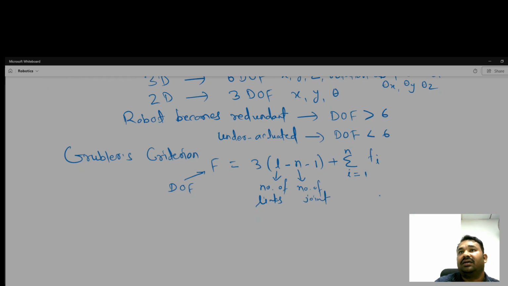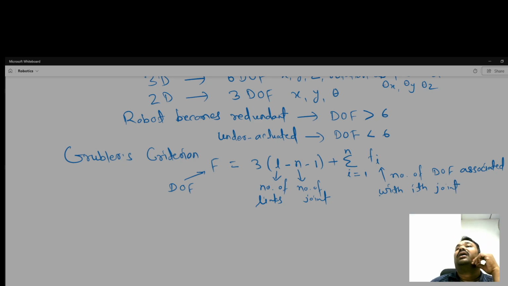And f_i is the number of degrees of freedom associated with the ith joint.